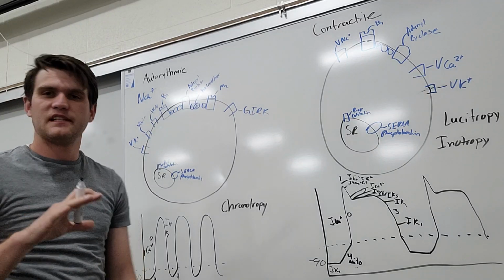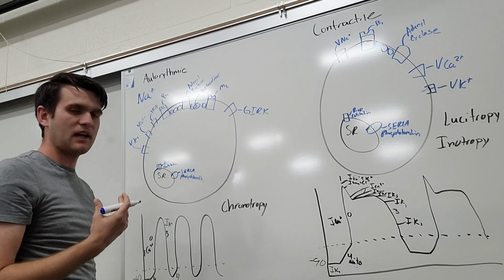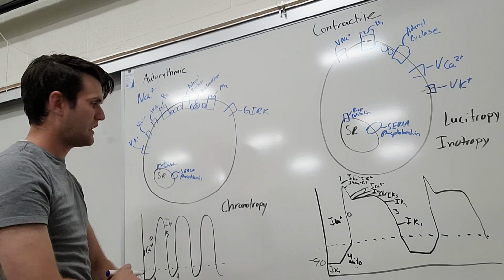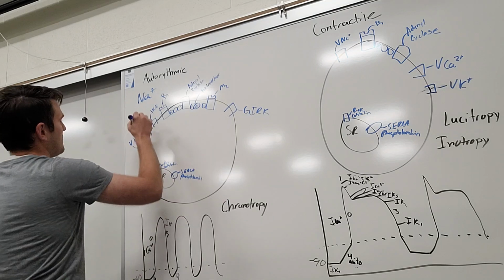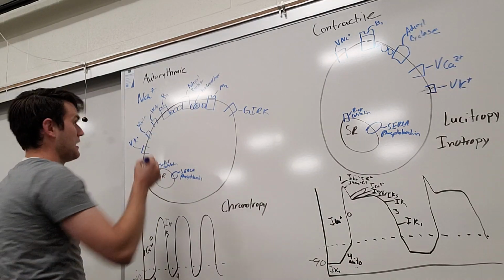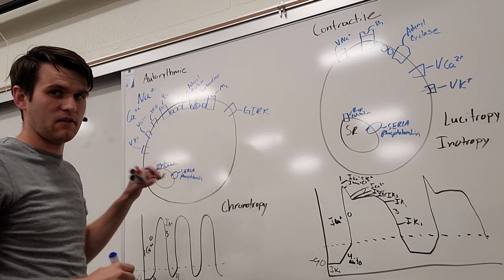Now there's two types, a T-type and an L-type. The T-type opens and closes pretty quick, and the L-type is longer lasting. Usually we're just going to worry about the L-types for now, okay? So this L-type channel is going to open up, and then calcium is going to rush into this cell, okay?